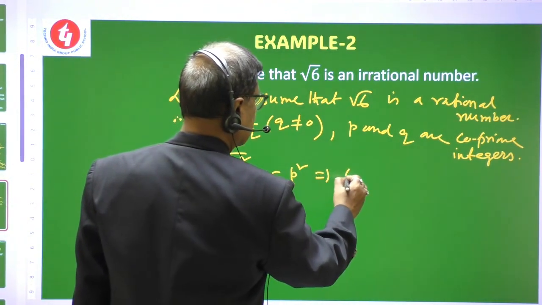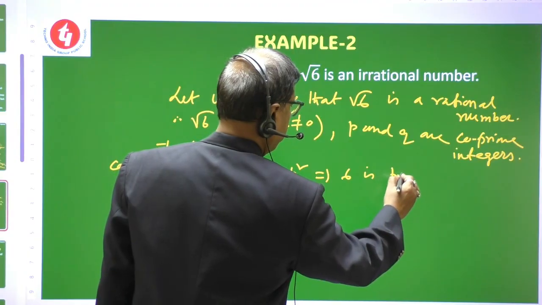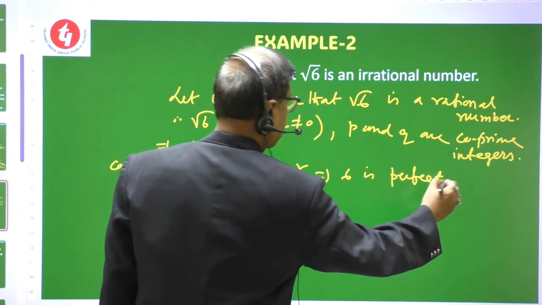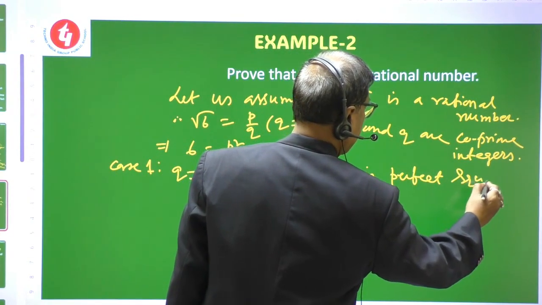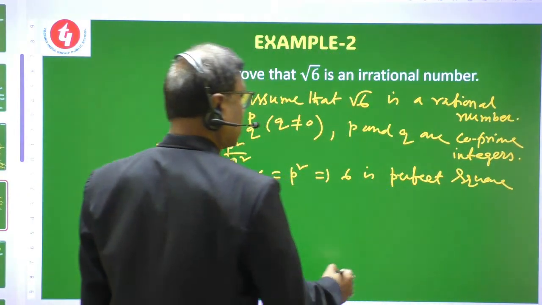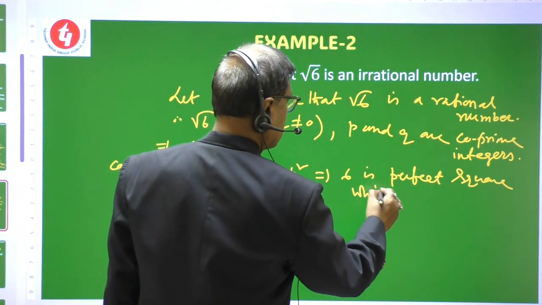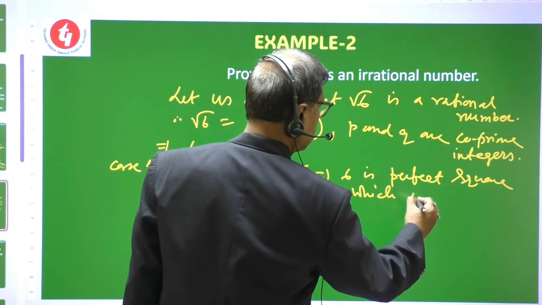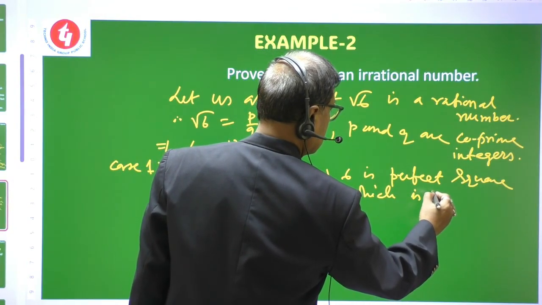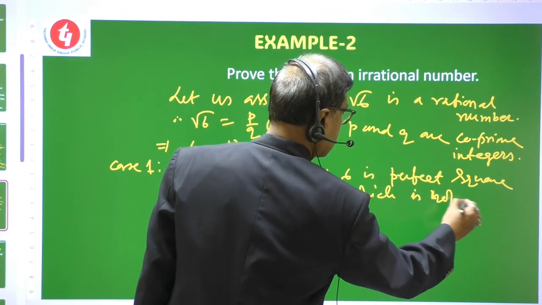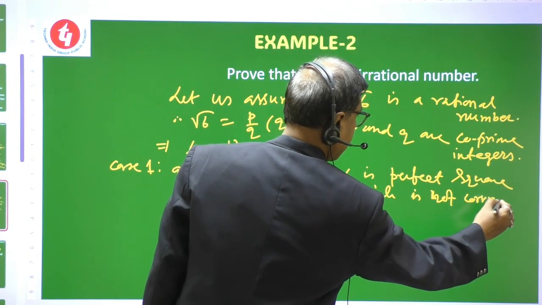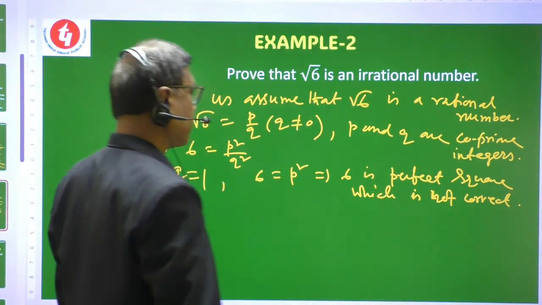This implies 6 is a perfect square, which is completely wrong, which is not correct.